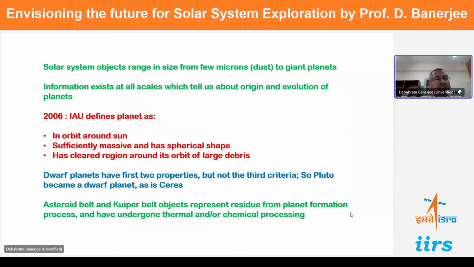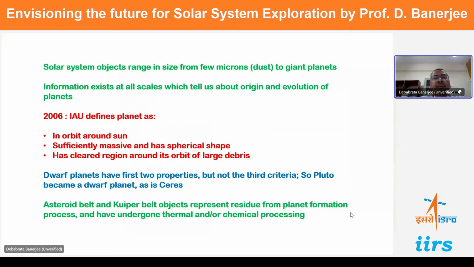And finally, I will throw some light on future questions which need to be explored in future orbiter, lander, rover missions to the inner solar system bodies, and I hope in future outer solar system bodies and also the asteroid belt.